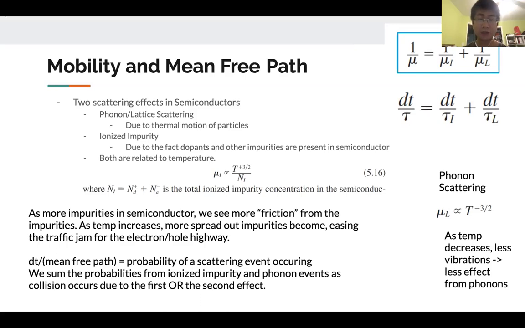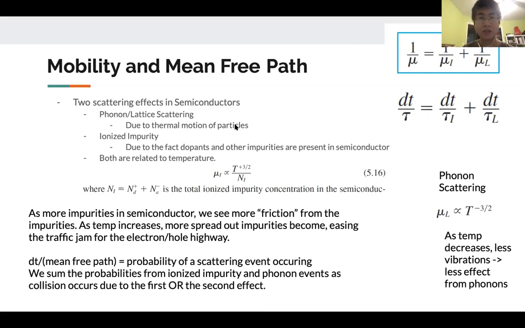One is ionized impurities. You have a bunch of junk in the material the electron is trying to move through, causing a traffic jam. It's like having a bunch of cars on the highway, and you're that one electron in your car. If there are more cars around you, it's harder to get where you want to go.